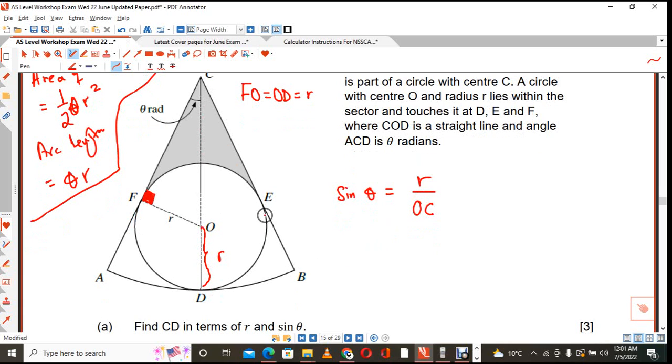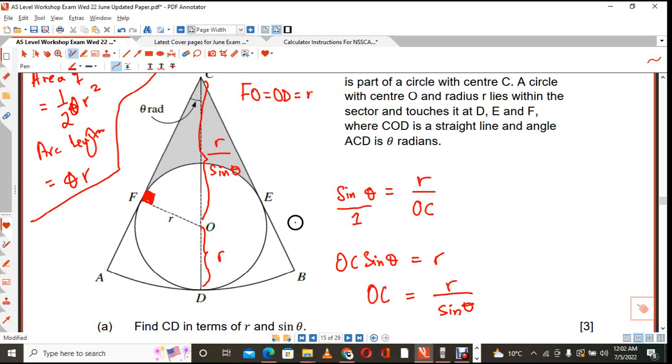So we just have to manipulate. Cross multiply: OC sine theta equals r, so OC will be r over sine theta. If that is the distance from there all the way up to there, then the whole distance will be those two added together.